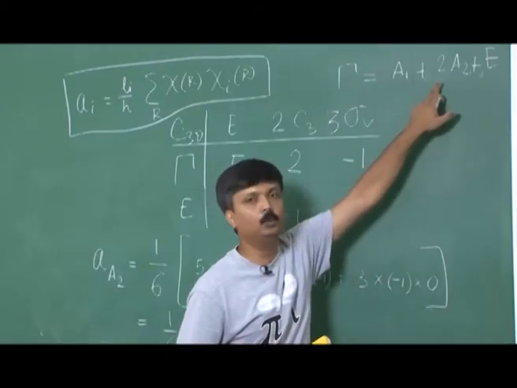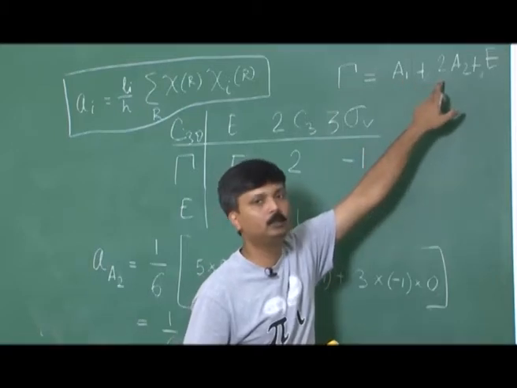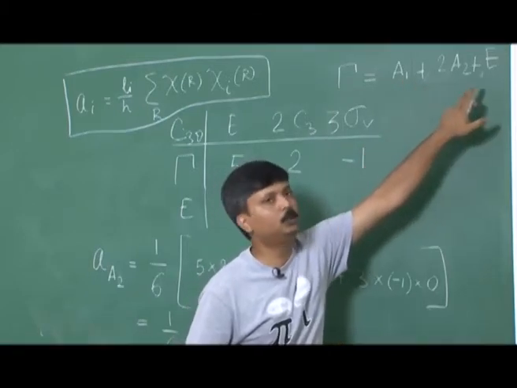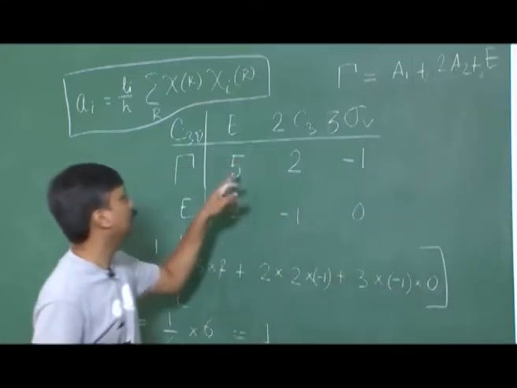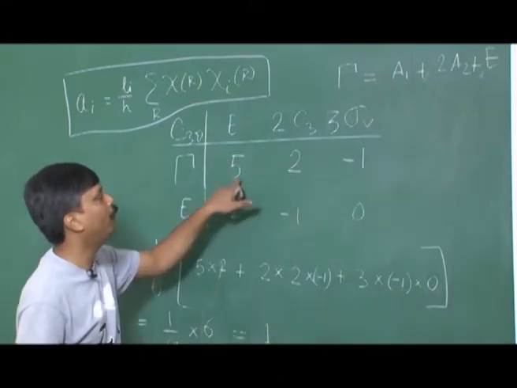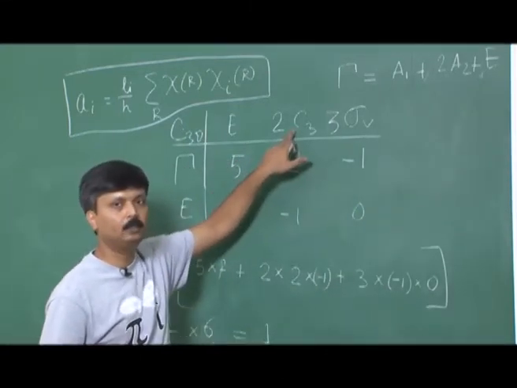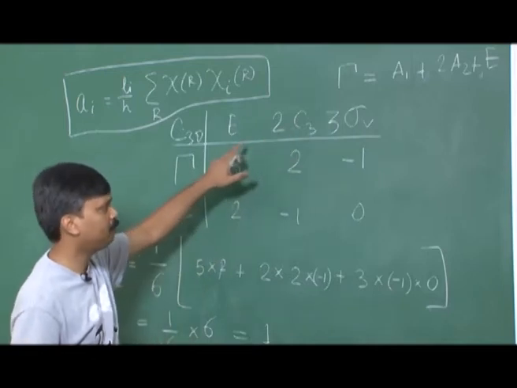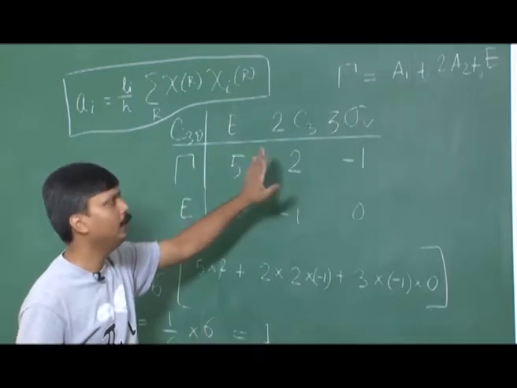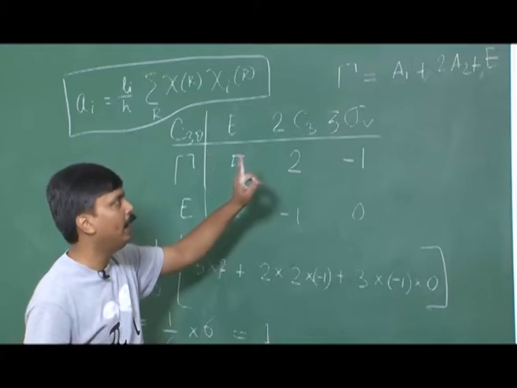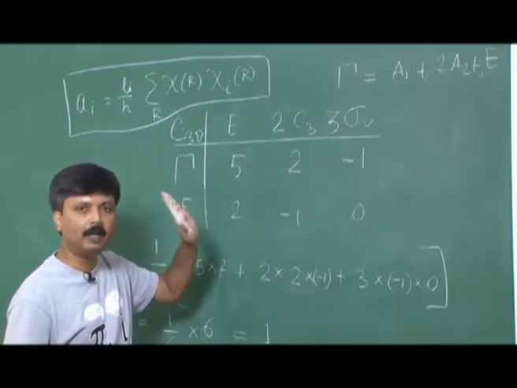So A2 is appearing 2 times. So 1 plus 2 plus 2 equals 5. That's what we have. If you check for C3, for A1 it is 1, for A2 also it is 1, and for E it was minus 1.